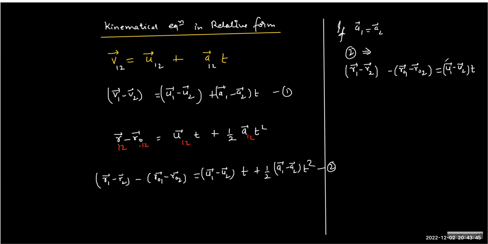What will be the path of one particle with respect to another having the same acceleration? It is always a straight line. It means when you are free falling, and all the particles have the same acceleration, the acceleration term will go away. Relatively they have no acceleration, and therefore the path of any particle as seen by the other will be a perfectly straight line. Understood?